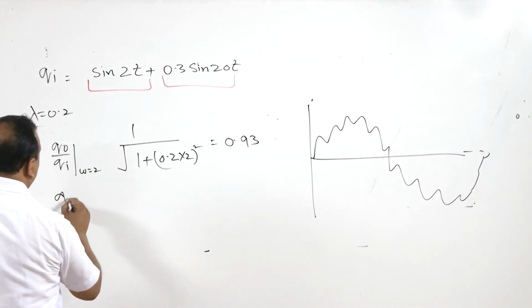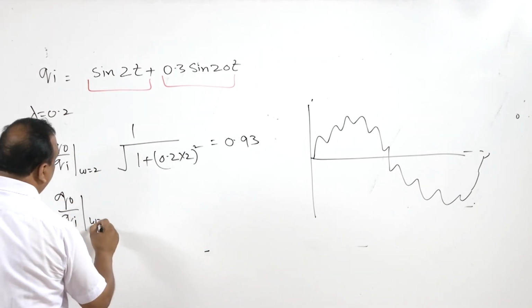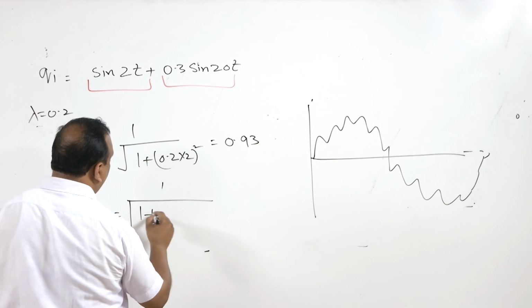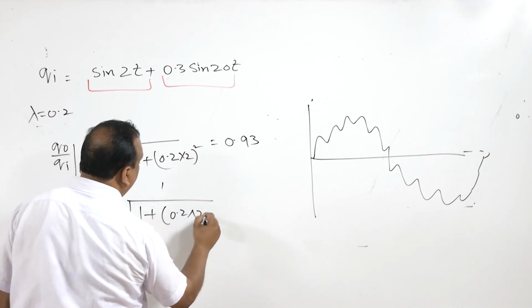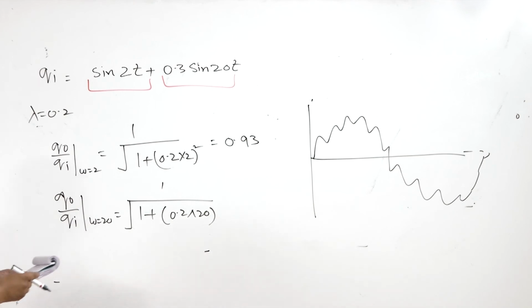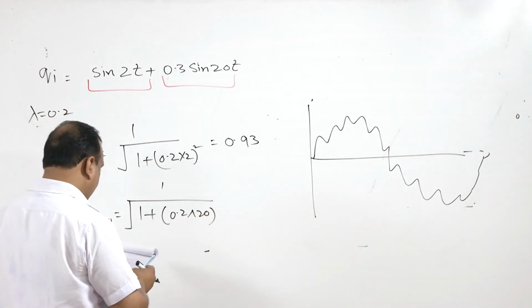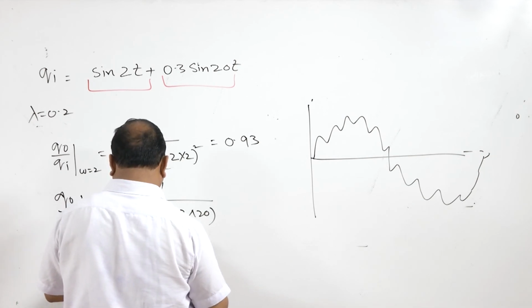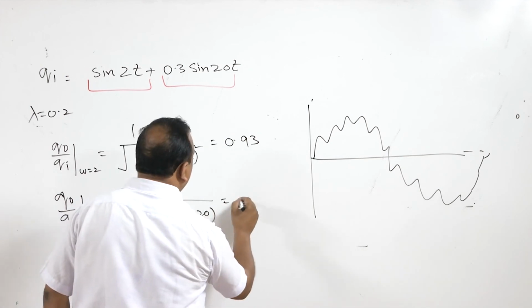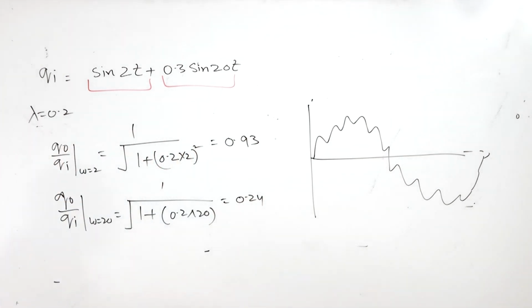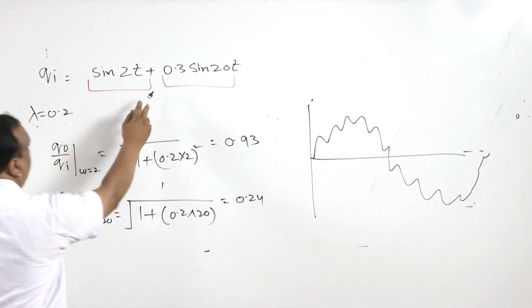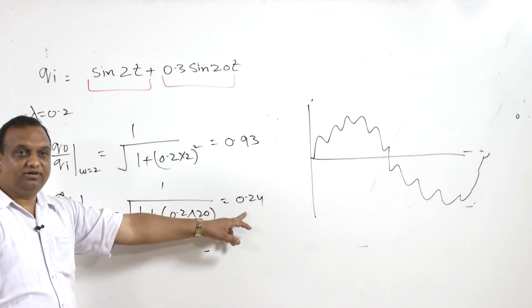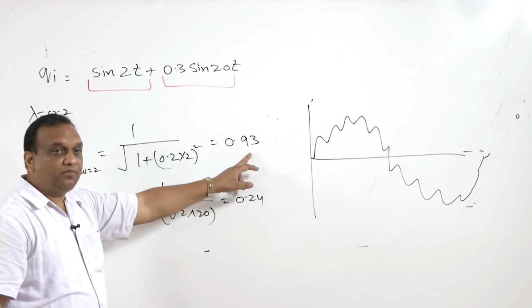Similarly, if we do QO by QI for omega equal to 20, we get 1 by the square root of 1 plus (0.2 into 20) whole squared, and this ratio is going to be 0.24. So 0.3 will be multiplied by 0.24, and for the first output, 1 will be multiplied by 0.93.